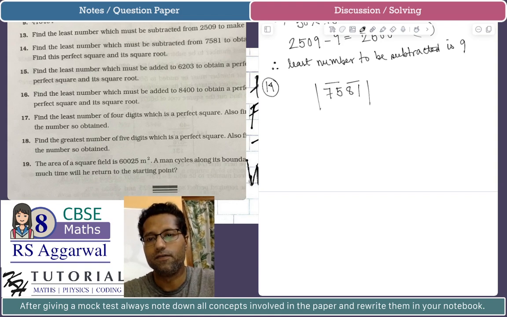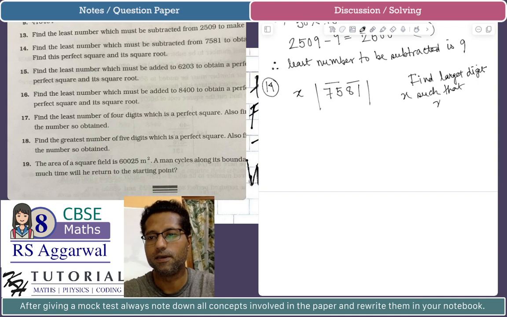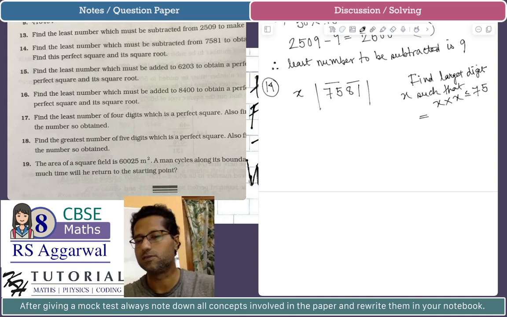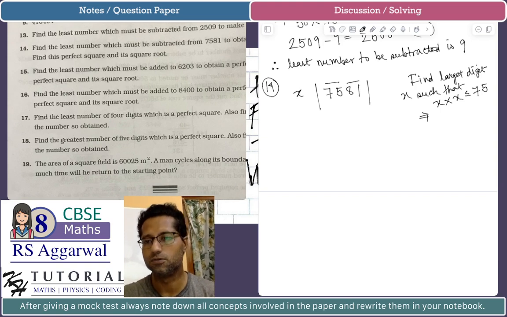At the very first stage, we have to find the largest digit x such that x multiplied by x is less than or equal to 75. If x is 9, 9 multiplied by 9 is 81, which is too large, and 6 multiplied by 6 is 36. So x is equal to 6.